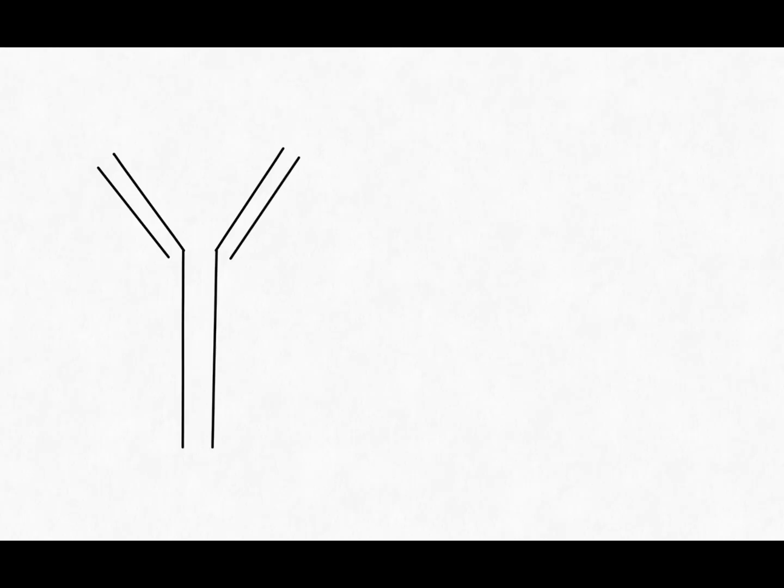Antibodies are made up of 4 different protein chains: 2 heavy chains, those are the 2 long ones in the middle, and 2 light chains, which are the shorter chains on the sides.